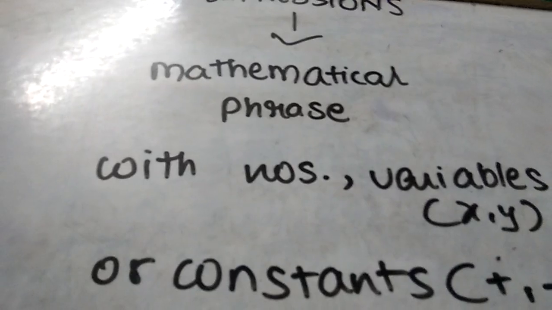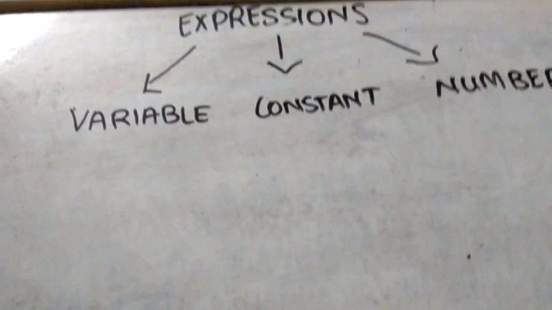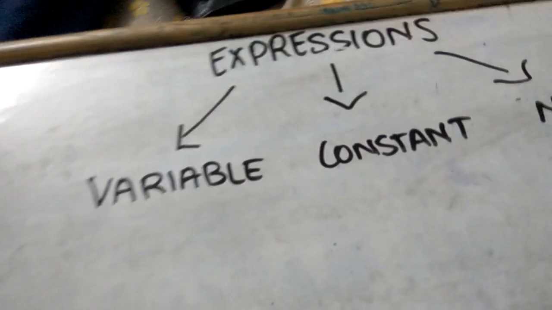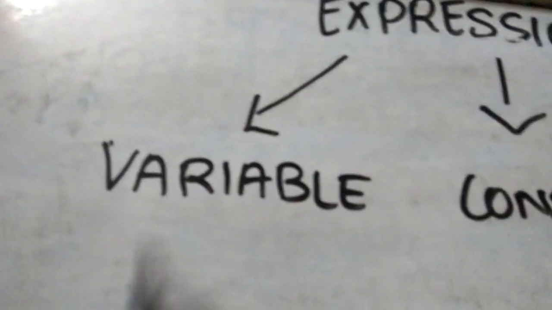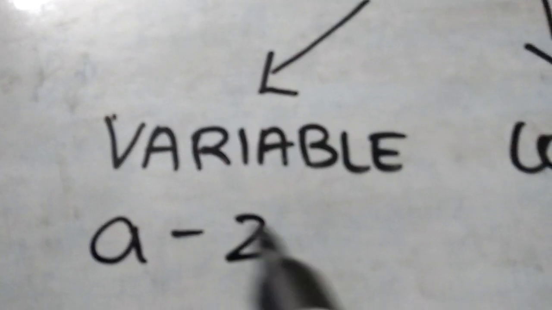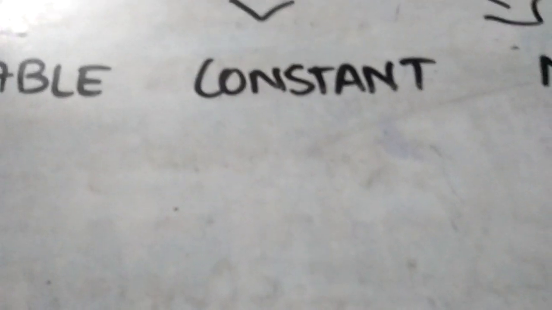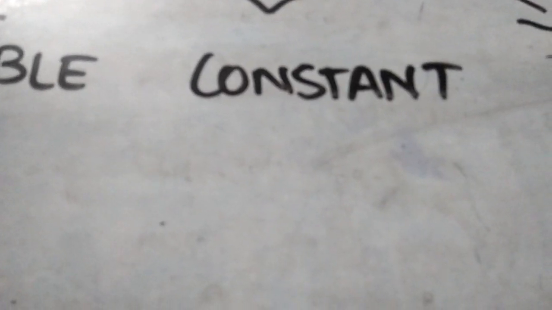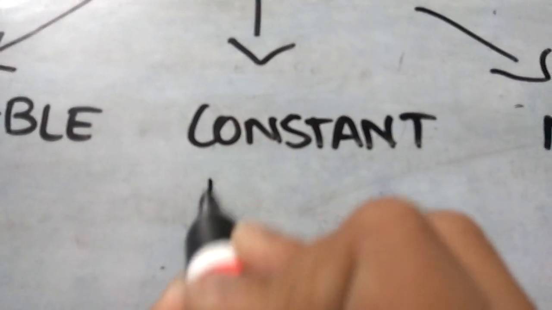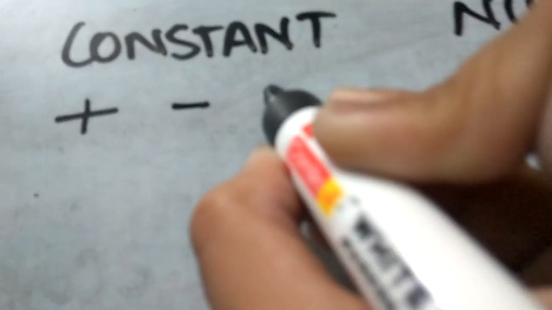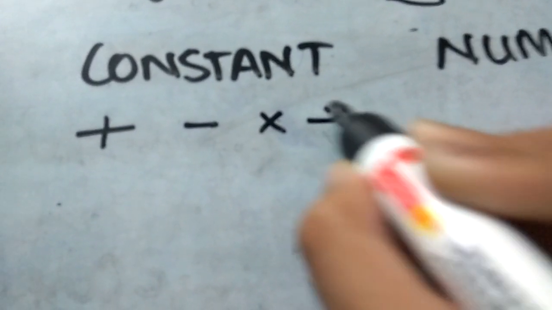Now let's take some basic examples. A variable, as I said previously, can be any letter from A to Z. A constant is a sign that can add, subtract, multiply or divide. So addition, subtraction, multiplication and division are some of the main points.